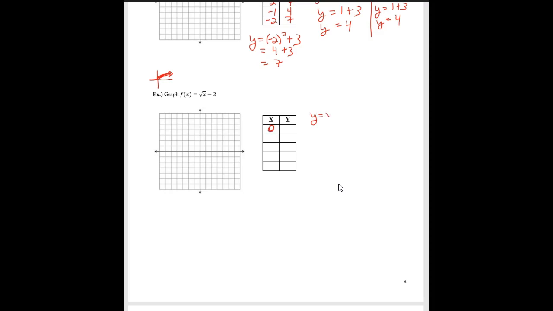Replacing f of x with y and replacing x with 0. Square root of 0 is 0. And 0 minus 2 is -2. Plugging in 0, I got -2.